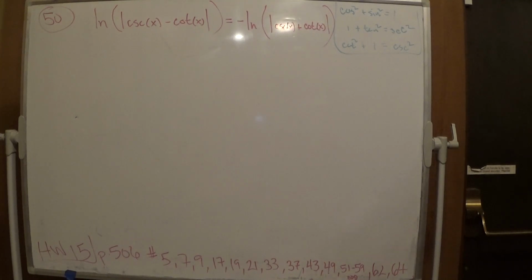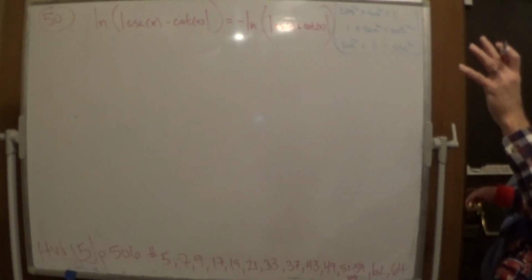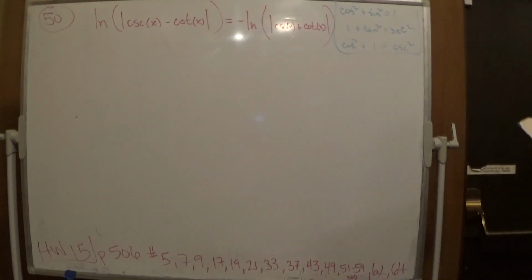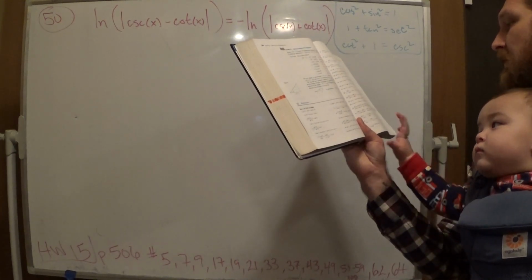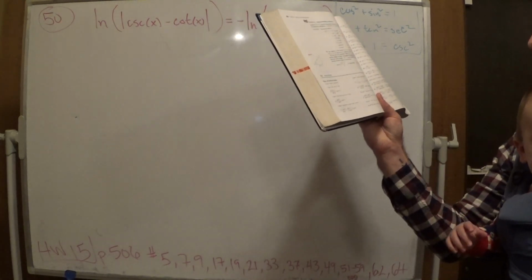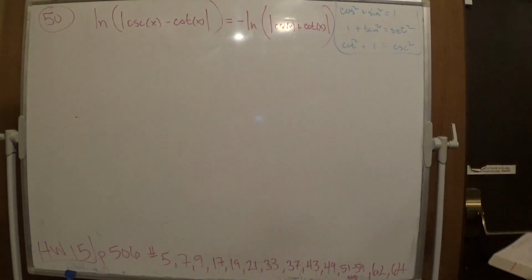So my intuition is to start on the right hand side here, with the negative log. Let me make sure I wrote this down right this time. Log of cosecant minus cotan, log of cosecant plus cotan. Yes. That's what I'm going to do.